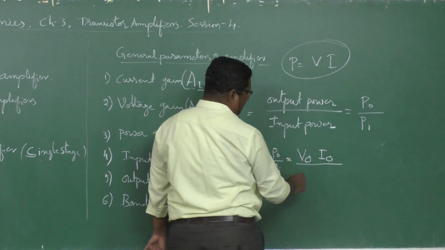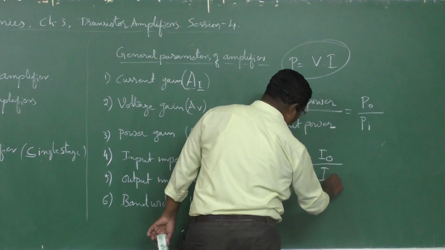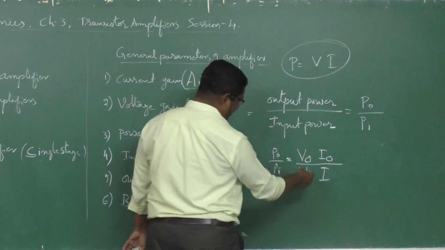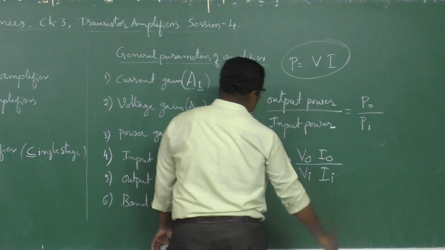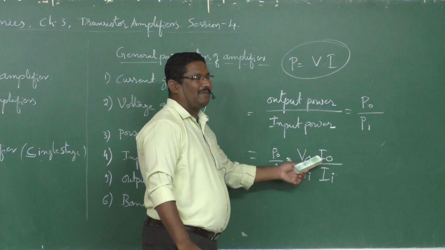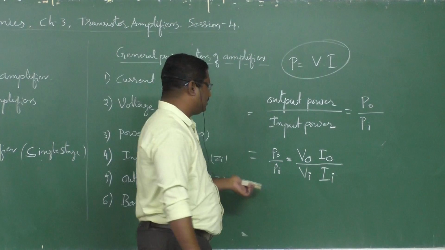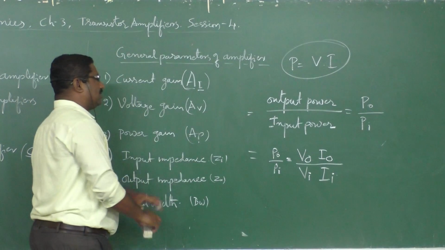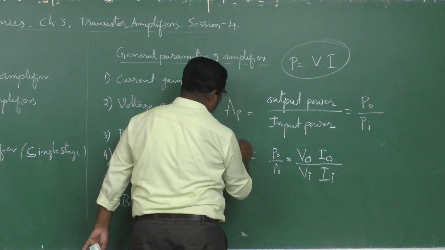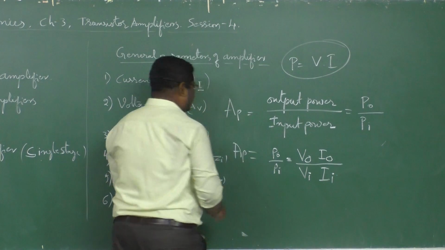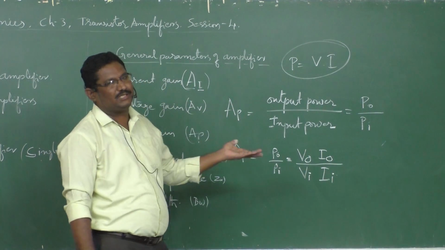Input power is the product of input voltage and input current. So output voltage multiplied by output current, divided by input voltage multiplied by input current, which is the input power. This is nothing but AP, the power gain. We can define it like this and use it in our calculations.